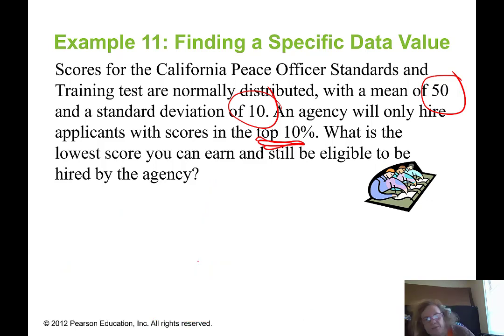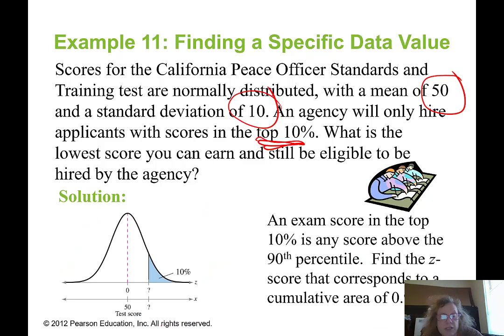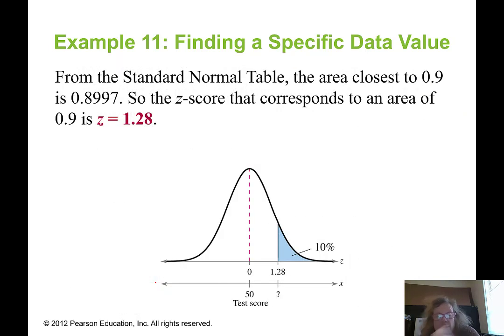So here's our solution. We need to find that z-score such that 10% of the probability is above it, or 90% of the probability is below it, and then transform it to get our x back. It turns out that the z-score, if you go and look it up in the table, is going to be 1.28. 90% of the area under the curve is below z equals 1.28.